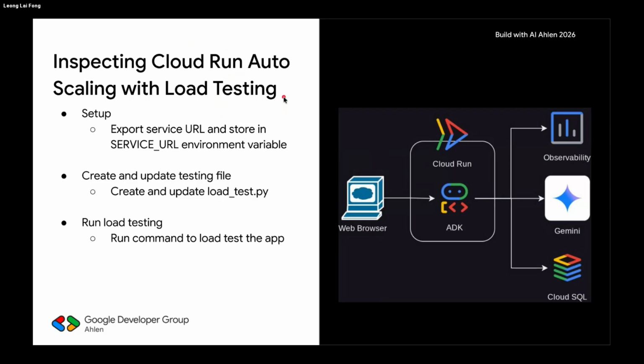First we will do a quick setup, exporting the new service URL and storing it in the service URL environment variable so that we don't need to type the long URL. Then we will create and update this load test file, look into why it's written that way, and after that run the load test command to test the application.